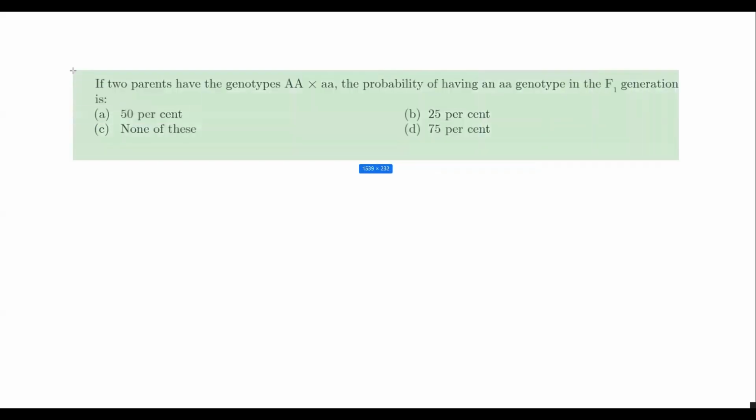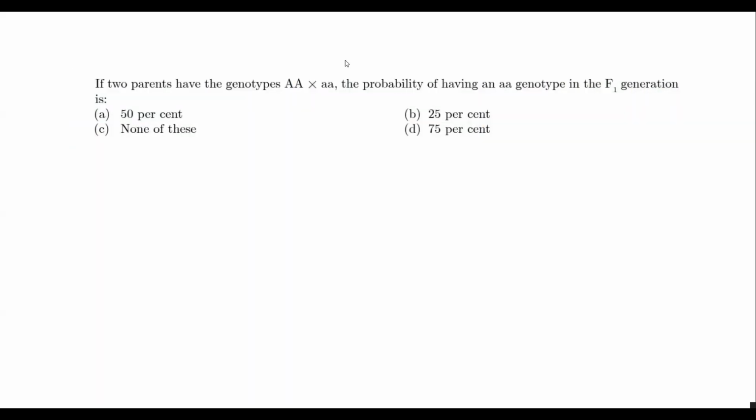Now, the next question is from the chapter heredity, right? It says that two parents, the mother and the father, having the genotype capital A, small a and capital A, small a. The probability of having the small a small a genotype in the F1, first filial generation, is what? So let's say I write capital A and small a. On crossing, what are you going to get?